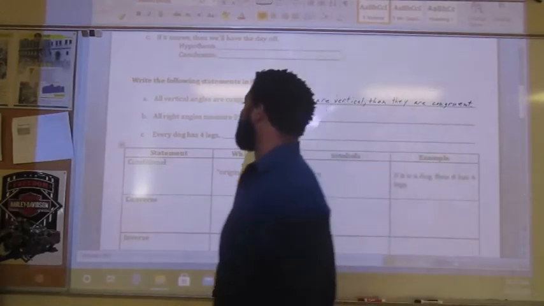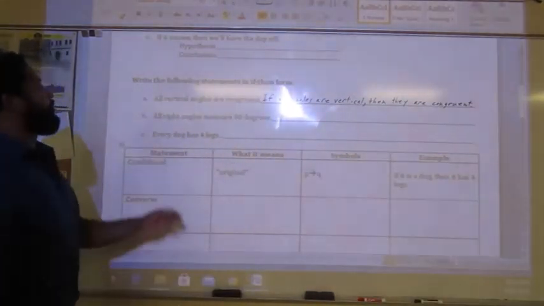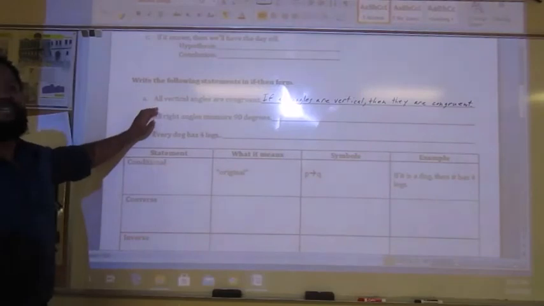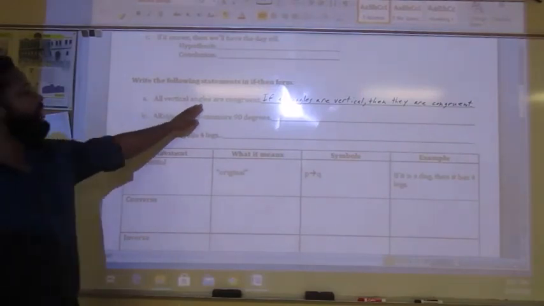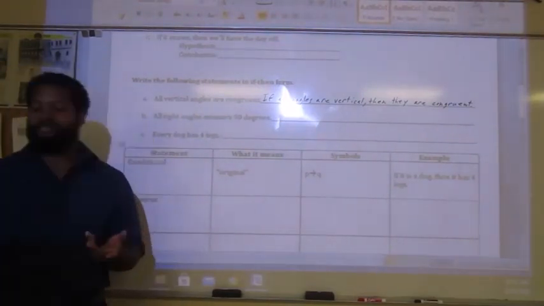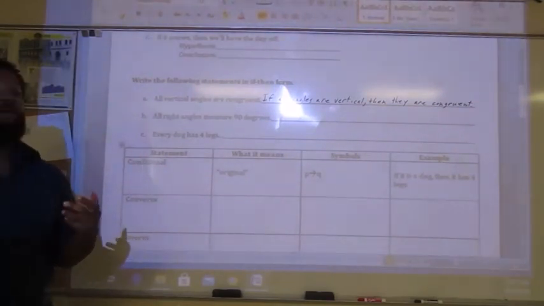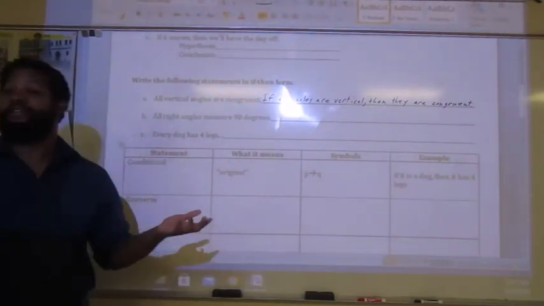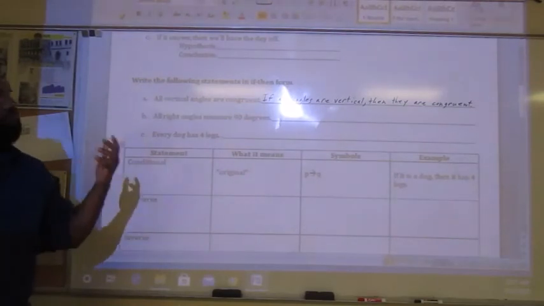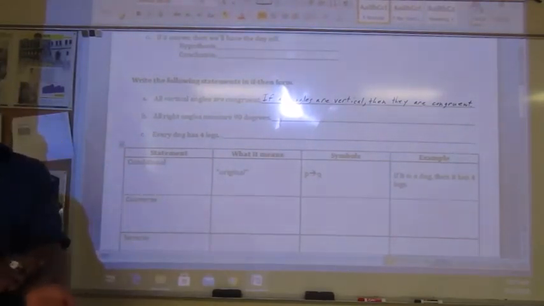You're just rewriting statements, okay? All vertical angles are congruent. So let's write this as a conditional statement. If all angles are vertical, then they are congruent.